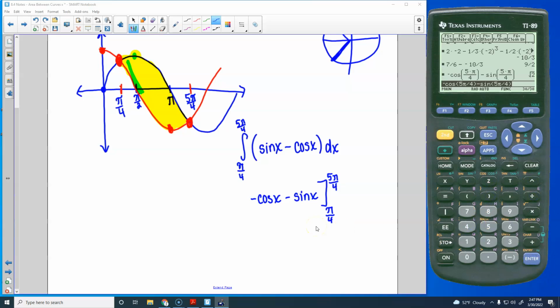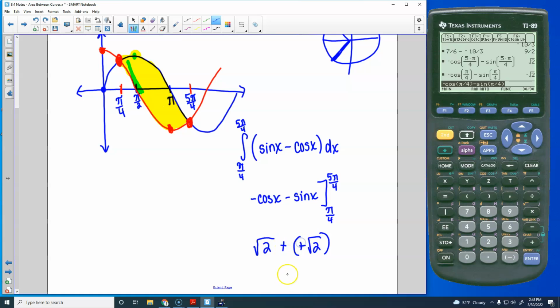That gives us that first part, square root of 2. And then plugging in pi over 4, we get a negative square root of 2, and so that would become positive. We would get 2 square root of 2 for that answer. It probably wouldn't hurt us to try to do that one by hand, but time is short.